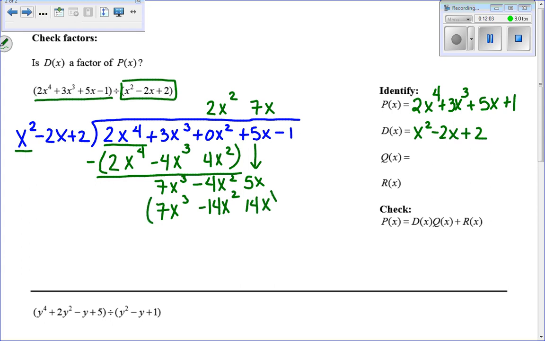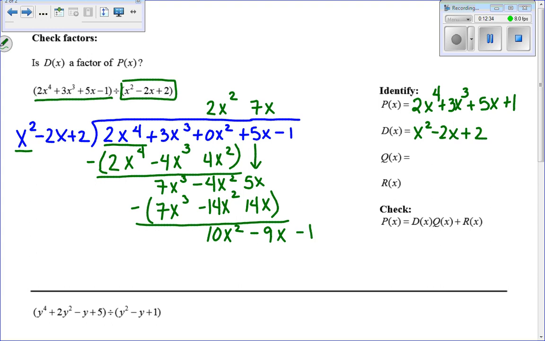Again, subtract. Okay, so you have 7x cubed minus 7x cubed, that's 0x cubed. Negative 4x squared minus a negative 14x squared is a positive 10x squared. 5x minus 14x is negative 9x. Bring down the 1.